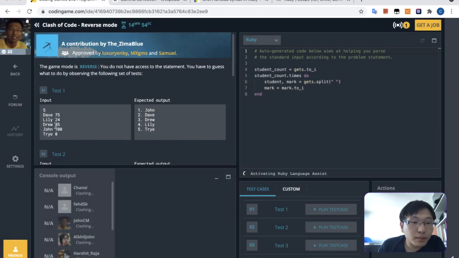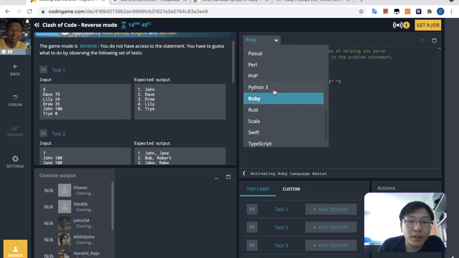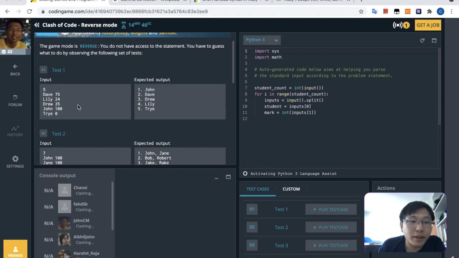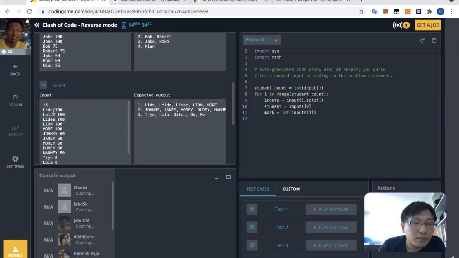Reverse mode. Okay, I did enough for Ruby already. Let's do Python now. So Dave, Lily, Drew, John, Tara. Looks like it's an ordering of numbers to sort by the index here. Then if the number is the same, is it by order of appearance?